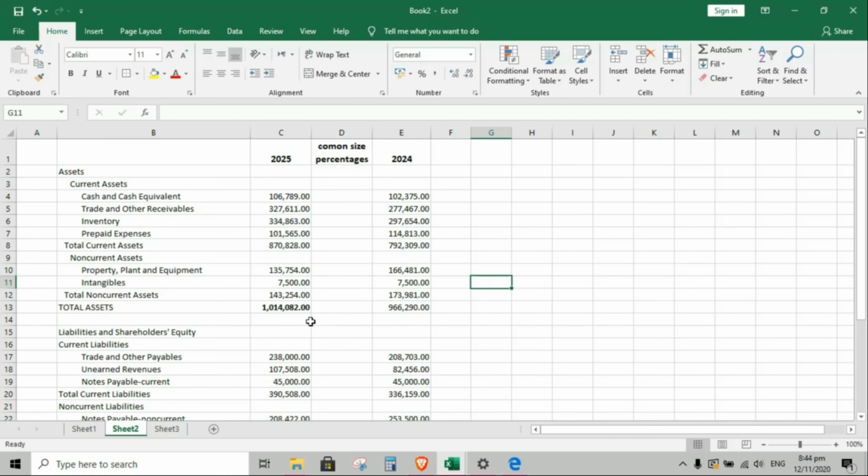Okay. So, compute na natin yung common size percentages bawat item.